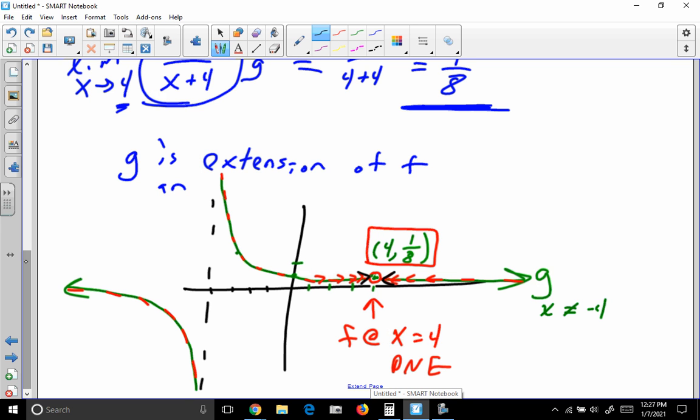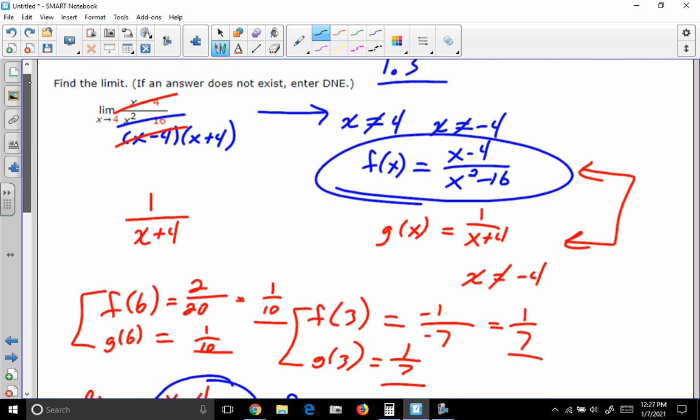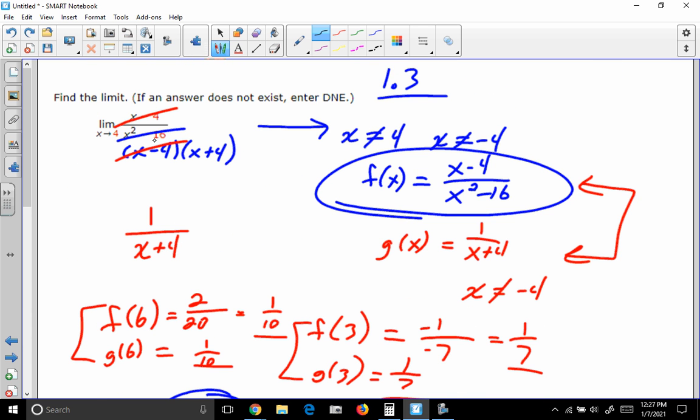Hence, they're both going to 1 over 8. So the whole point here is if our function is indeterminate at the x value we're going towards, if we can find an equivalent function that is not indeterminate or not undefined at that point, they are going to have the same limit. They're going to go to the same value.